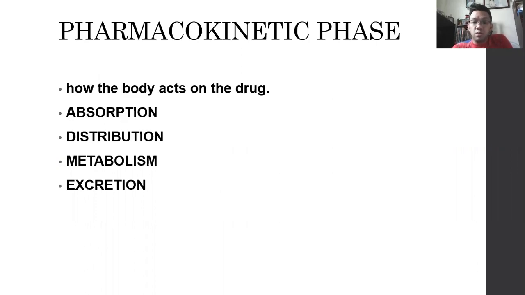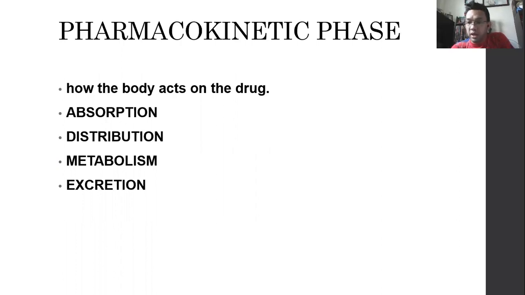The drug is going to be absorbed through the intestines and it's going to be distributed by the cardiovascular system. It's going to be carried by our blood. And before it is distributed to its site of action, sometimes the drug undergoes metabolism.